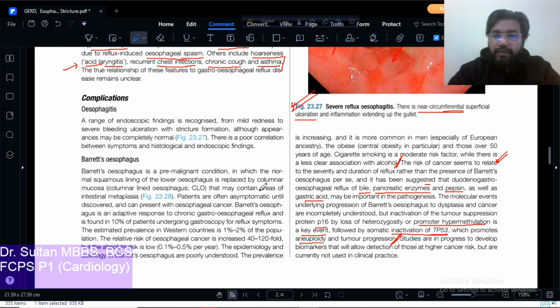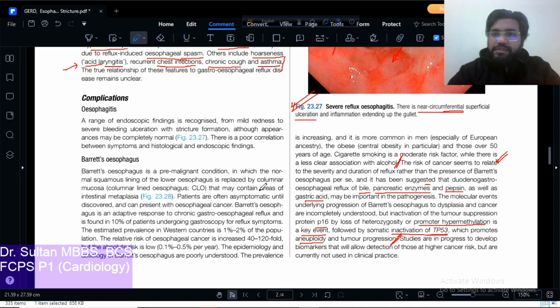As you know, the reflux of bile, acid, pepsin, and pancreatic enzymes are important pathogenetic factors for developing cancer.